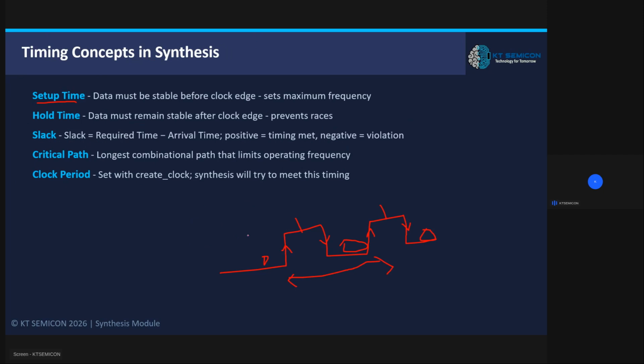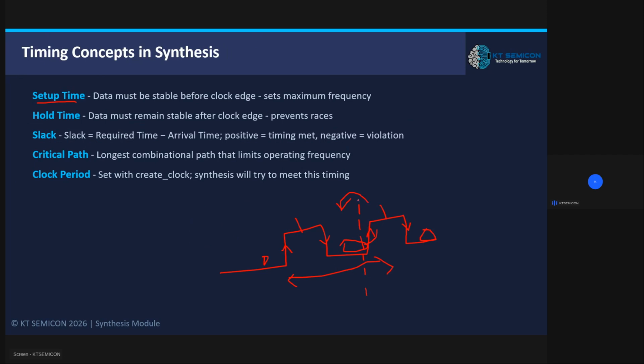My data should be stable before the rising edge of the clock. Okay, my data should be stable before the rising of this positive edge. So for this one cycle, my data should be stable before the rising edge of the clock.